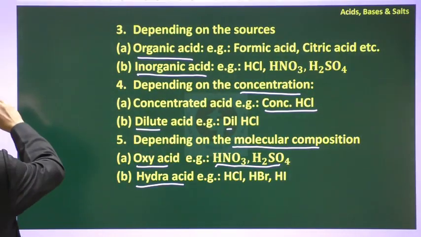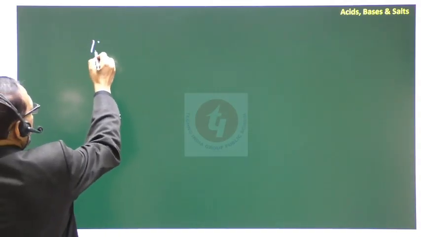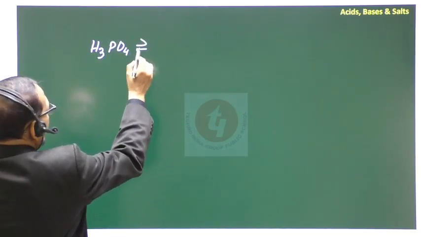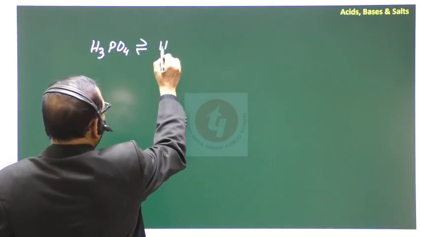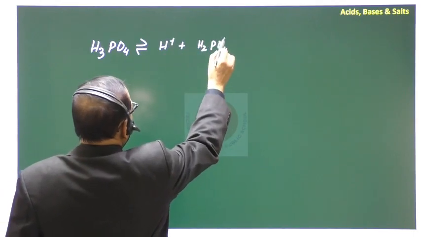Now some acid-base reactions. Last, I have kept some question answers. Now H3PO4, I have told you. So when it ionizes, what will happen? First it will give H plus and H2PO4 minus.